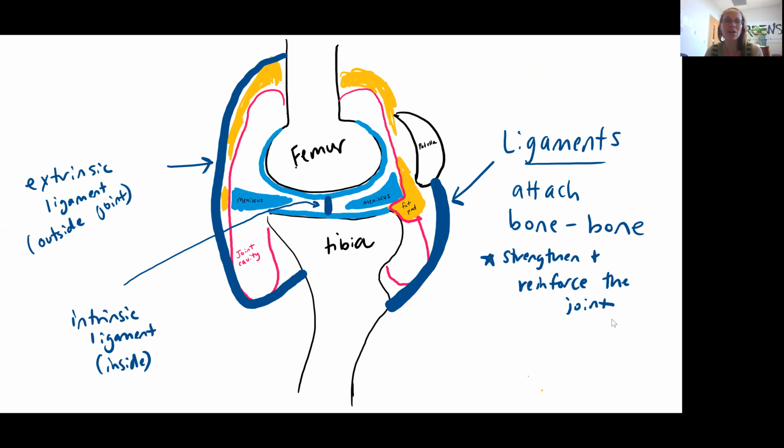So we have what are called extrinsic ligaments. These are going to be outside of the joint capsule. And then we have intrinsic ligaments, which are going to be inside of the joint capsule. Again, ligaments are attaching bone to bone, and they're helping to strengthen and reinforce the joint.